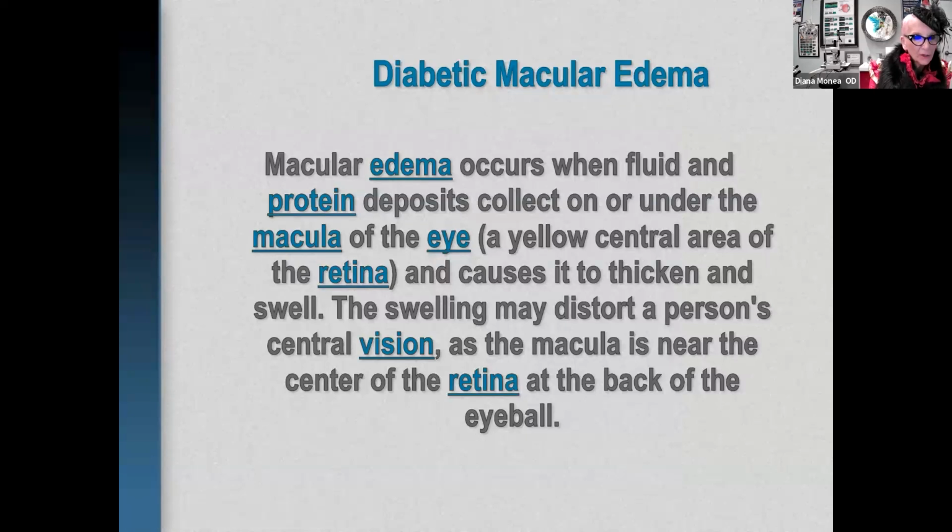So again, macular edema is when fluid, which would be blood, and various deposits of protein from that blood accumulate in the central area of your vision, much in the same way you hear about older folks going to the ophthalmologist to get a shot in their eye to prevent the bleeding. That is bleeding macular degeneration. It's really the same effect. And in fact, the treatment is exactly the same.